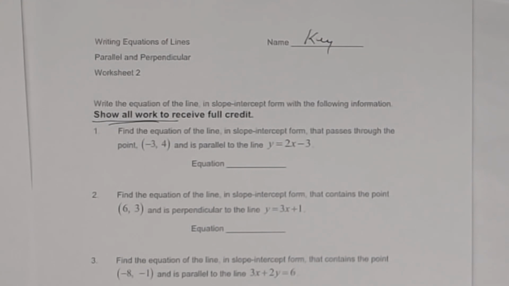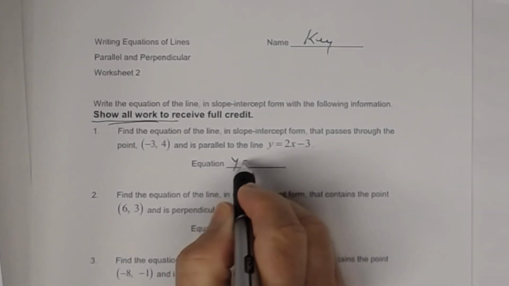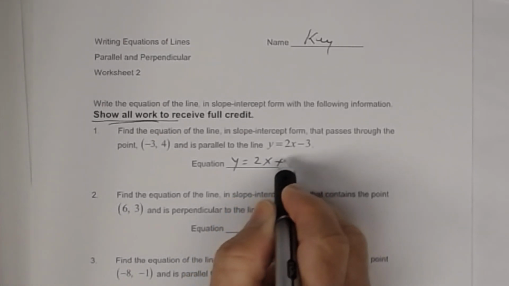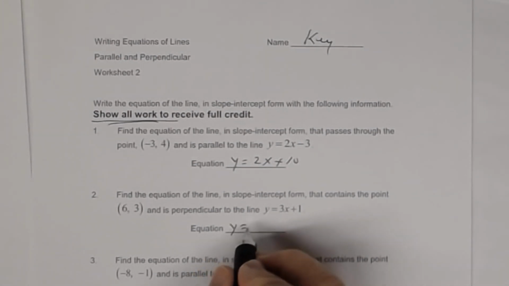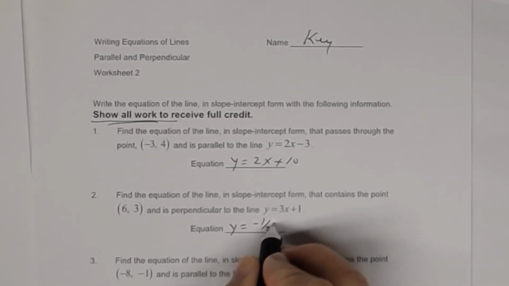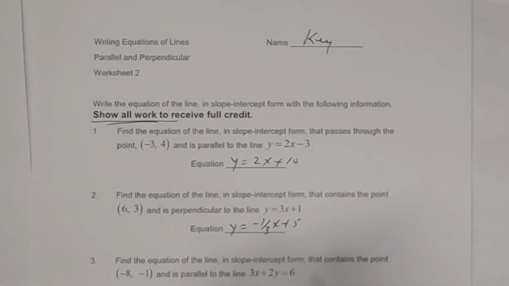All right, so let me go ahead and write down the answers. Number 1, you would have gotten y equals 2x plus 10. Number 2, we found that to be y equals -1/3 x plus 5.